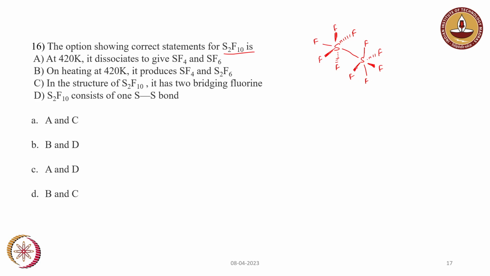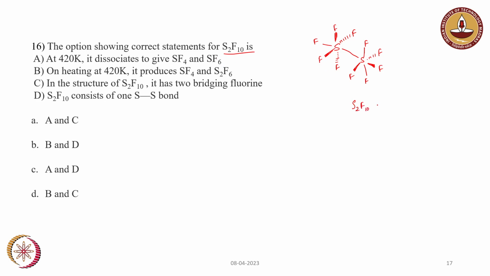So this is the structure for S2F10. So first statement was at 420 Kelvin dissociate to give SF4 and SF6. So we have already seen this question. So the statement is true.